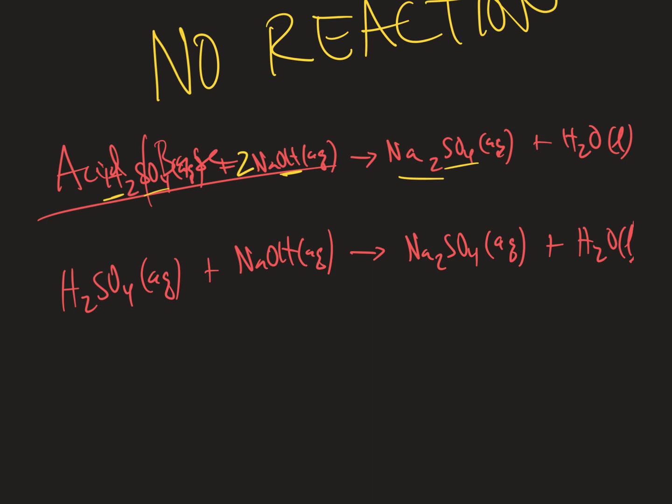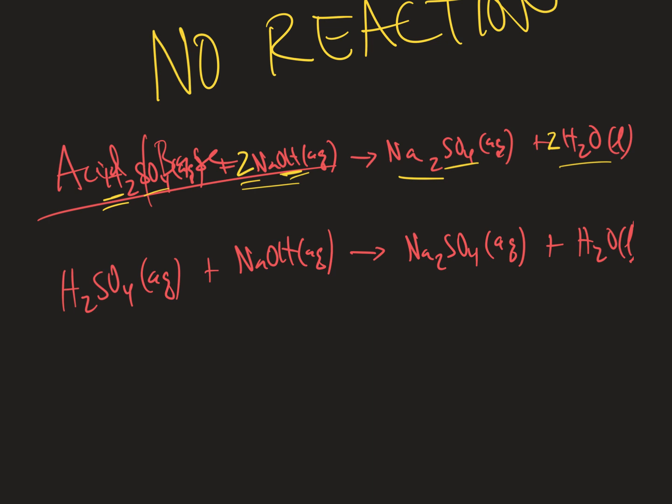Now let's do oxygen. We have 2 on this side and only 1 on this side, so we better put a 2 right there. That gives us 4 hydrogens on this side. We have 2 right there and 2 right there. That's 4. Are we okay? Or did I go too quickly? So there's my balanced equation.